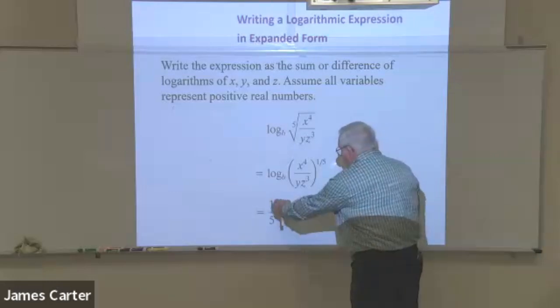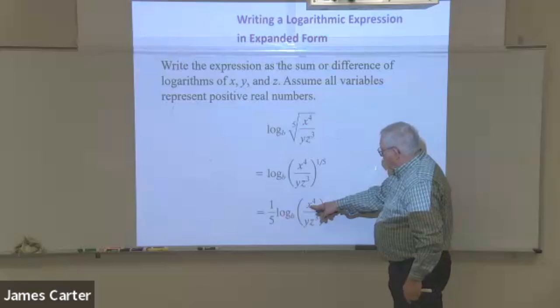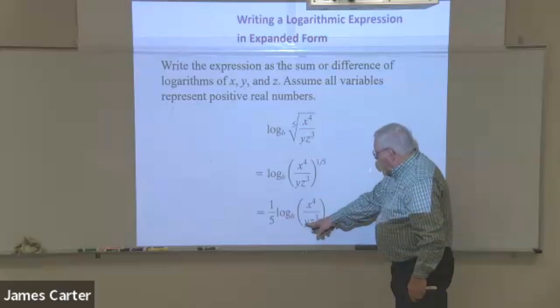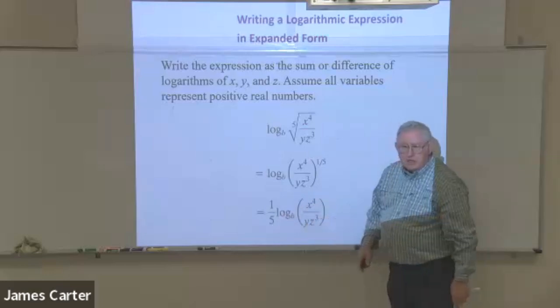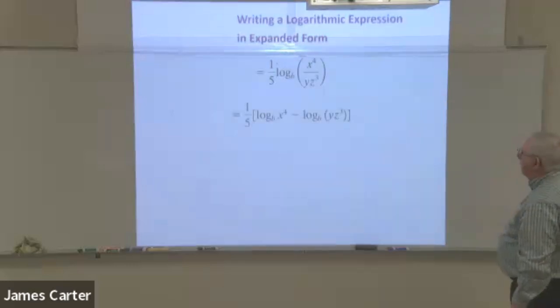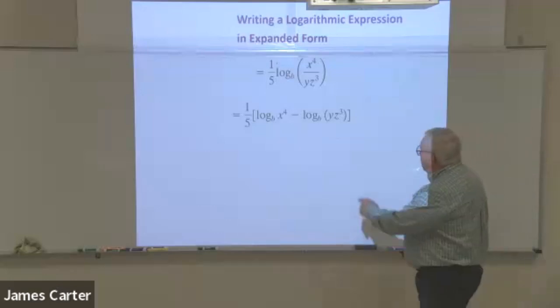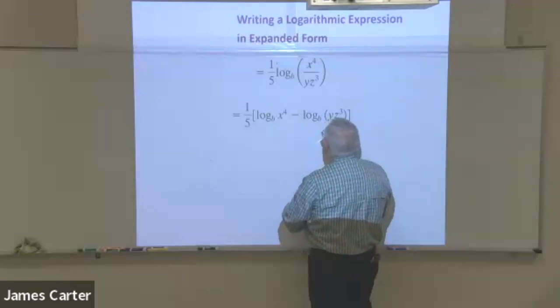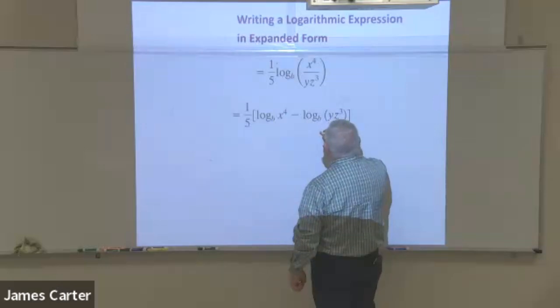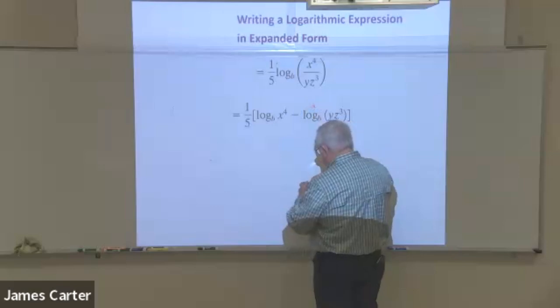Now, I'm going to put brackets with that 1/5 out there, and I'm going to use the x to the fourth, and a minus y, and a minus z cubed. Actually, I probably would have gone ahead and expanded them at the same time.